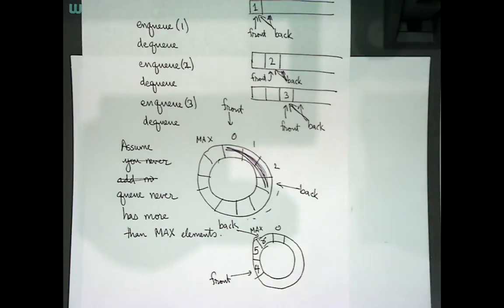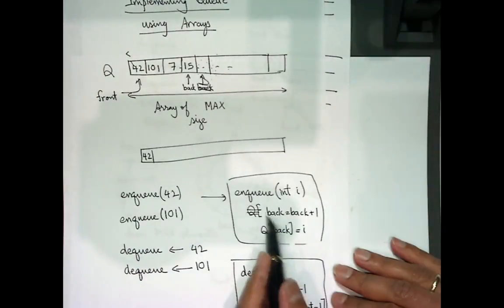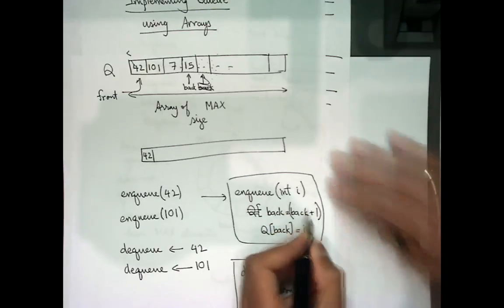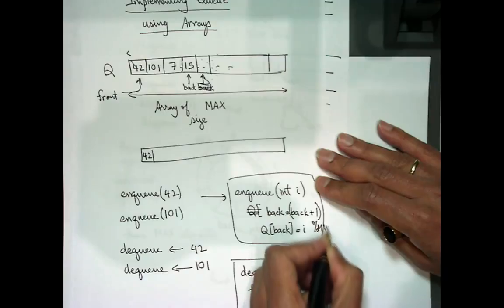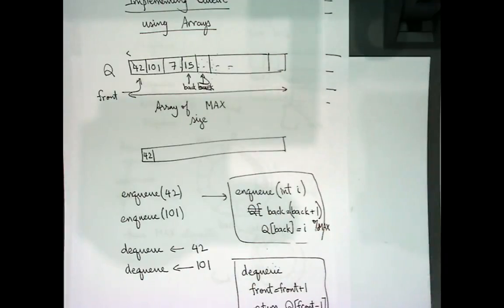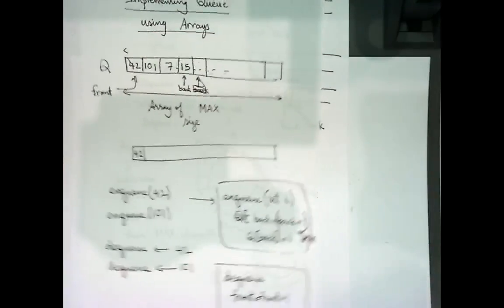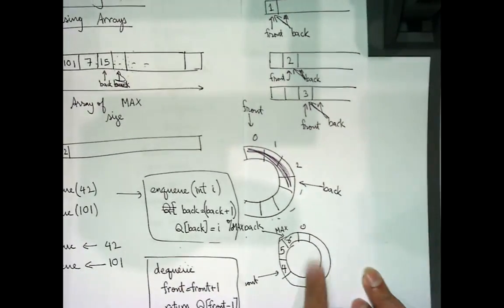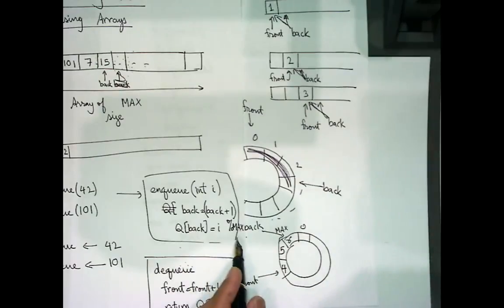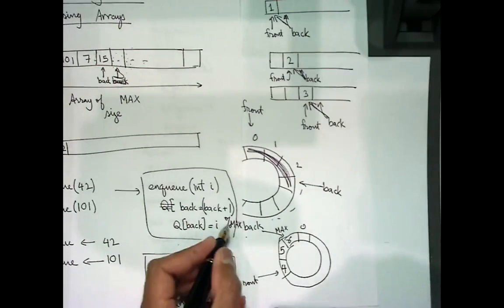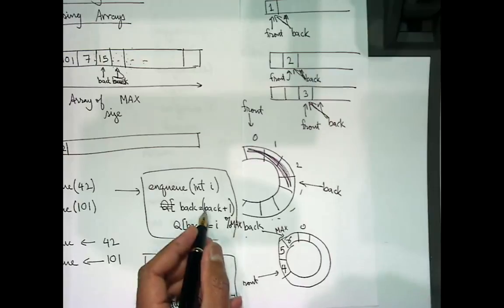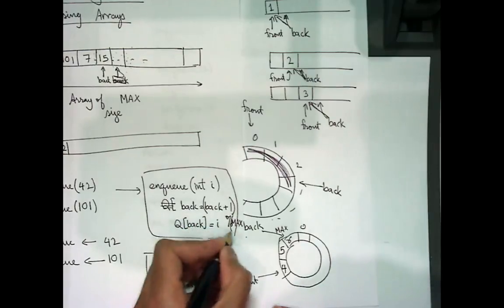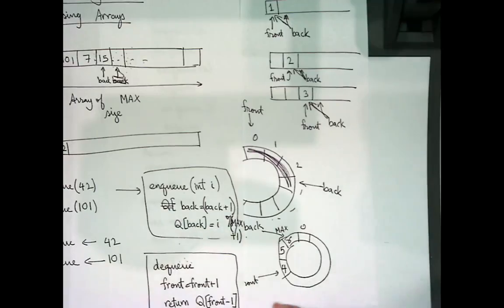Now, if you want to insert another element, you could do the same thing, except you just do that thing percentage max. Right? So when back is equal to max, then maybe I need to make it max plus 1. Make it max plus 1.